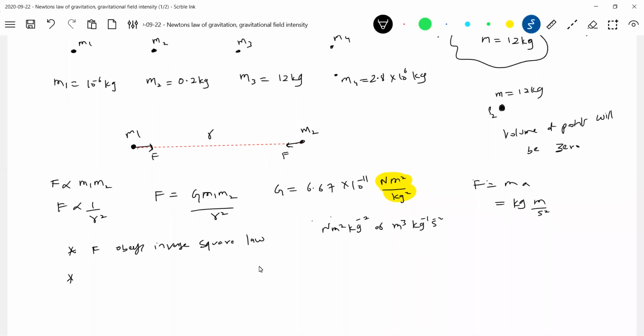Next, it always acts along the line joining the point masses.